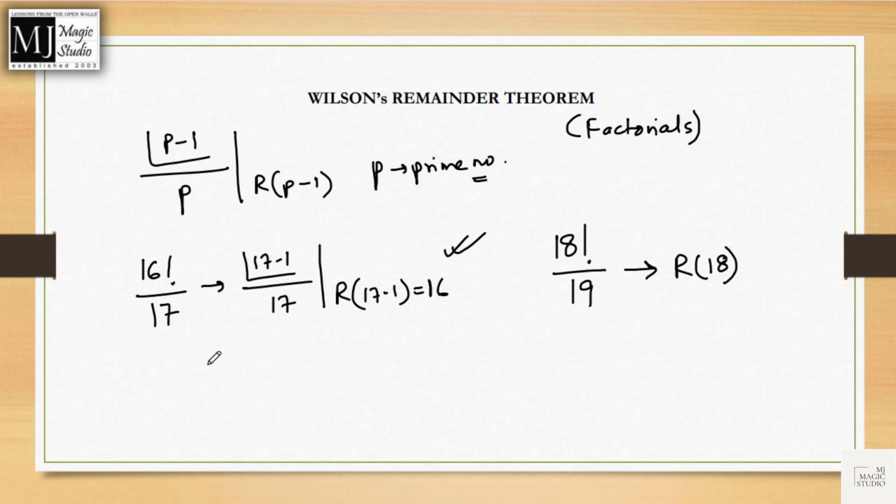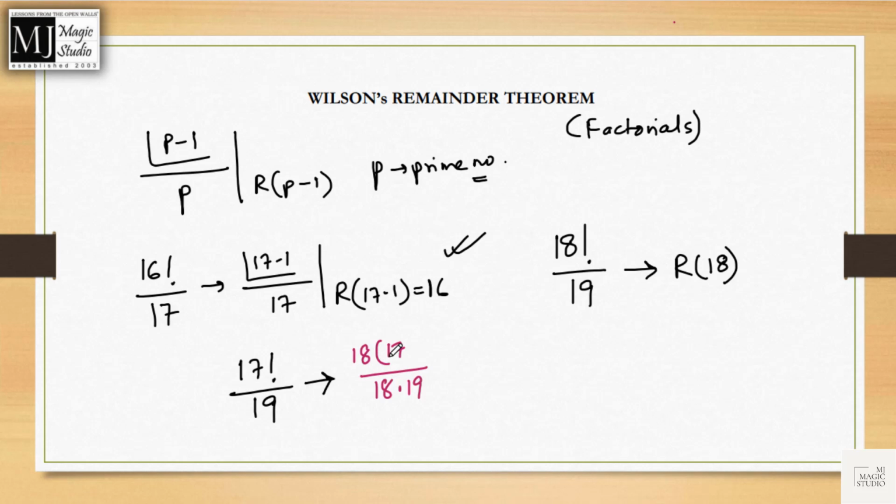So let's do one more. For example, factorial 17 is divided by 19. What should be the remainder? Now, based on the previous logic of factor theorems and remainder theorems, can I write this as 18 into factorial 17 divided by 18 into 19?